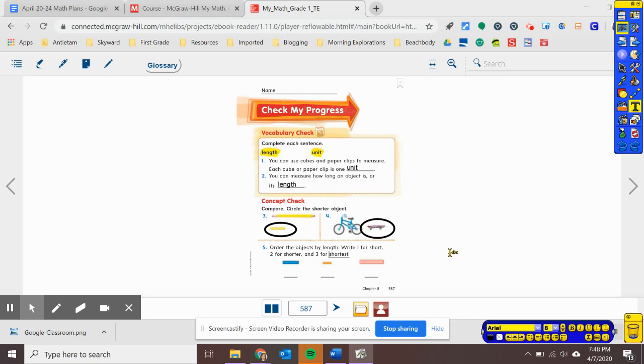So now let's go back to review. Which one is longest, the blue, the yellow, or the pink? The pink one is longest, so we're going to put a number 1 for pink. Then we're going to find the next longest. Well, the blue is next longest, so we're going to put a number 2 for the blue. So write a number 2 on your line.